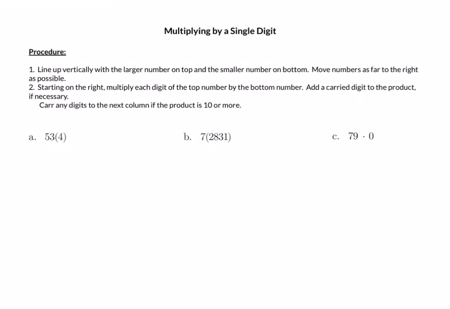So starting on the right, we want to multiply each digit of the top number by the bottom number and add a carried digit to the product if necessary. If you have any carrying that needs to be done after that, you're going to carry the digits to the next column if the product is 10 or more. Okay, so let's see what this looks like.